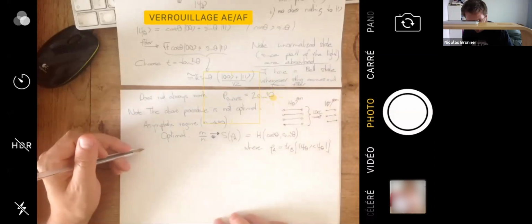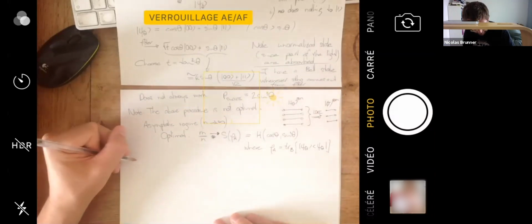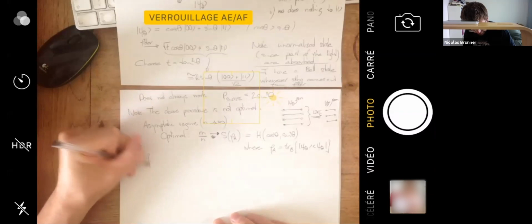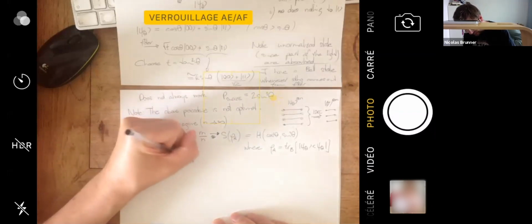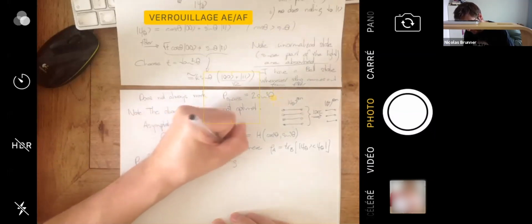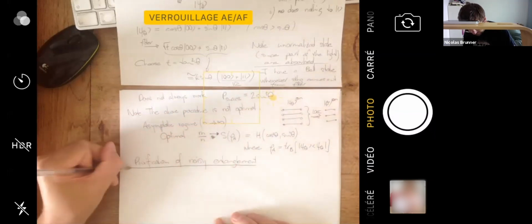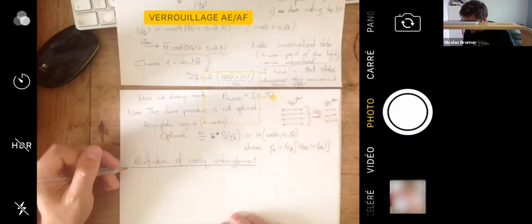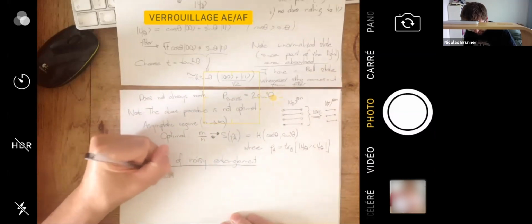So now I should move to the second point, and this is now the purification of noisy entanglement. The point here is to make this a bit more realistic.